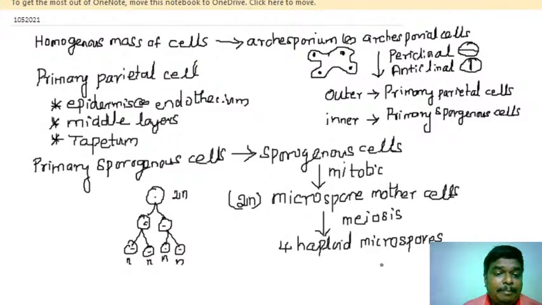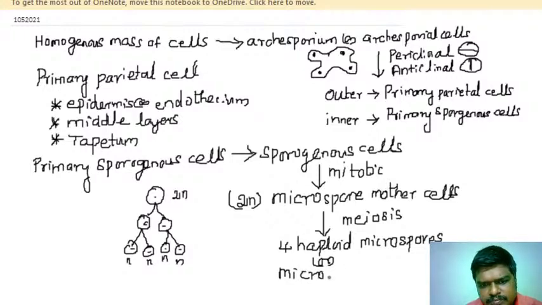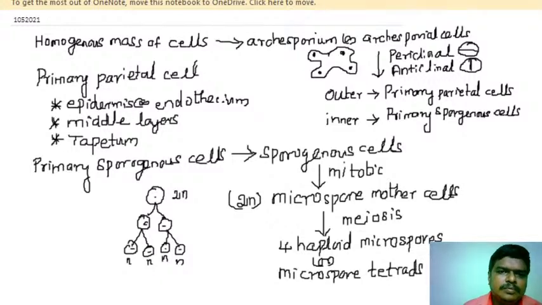So these are the 4 haploid cells. Those 4 haploid cells which are formed here, we call haploid microspores, or microspore tetrads. They're known as microspore tetrad.